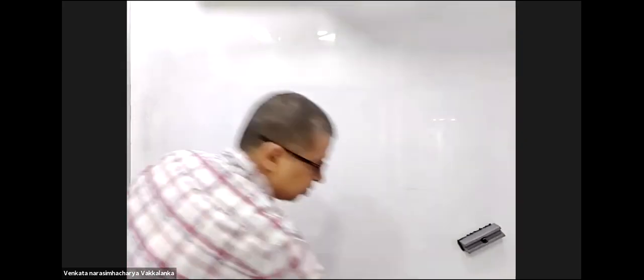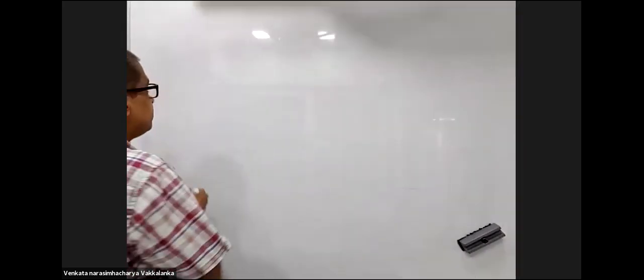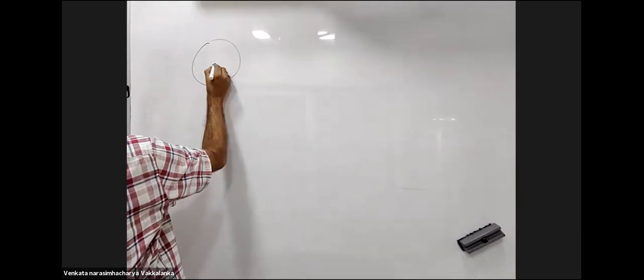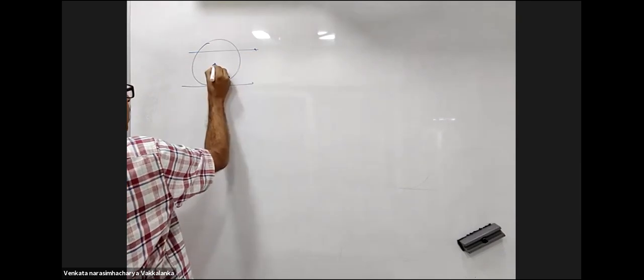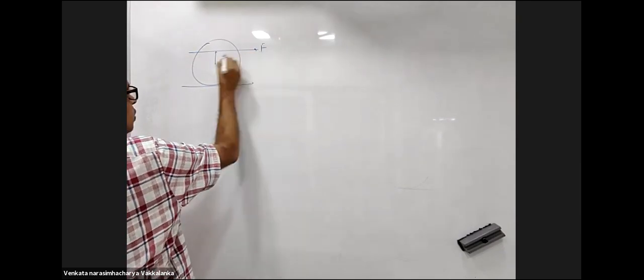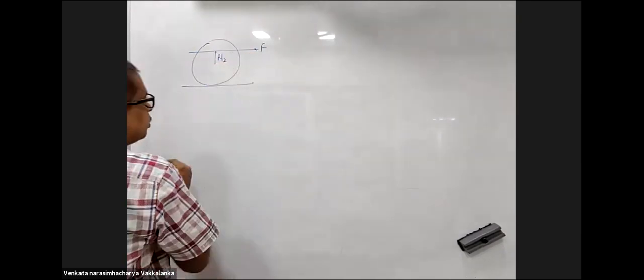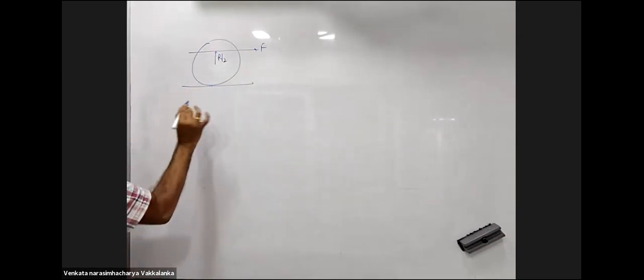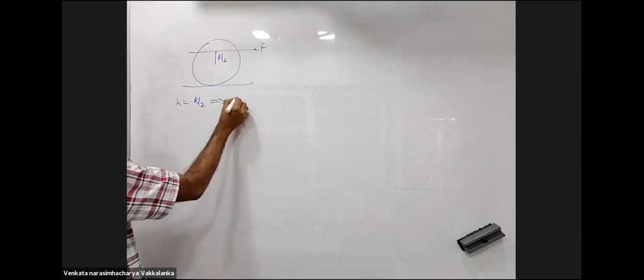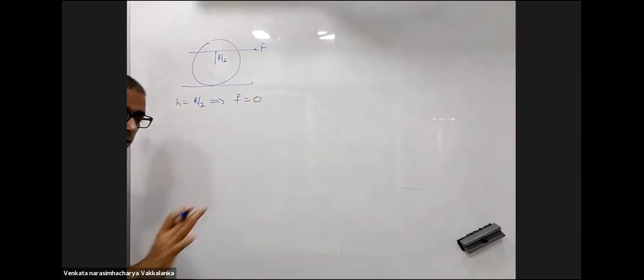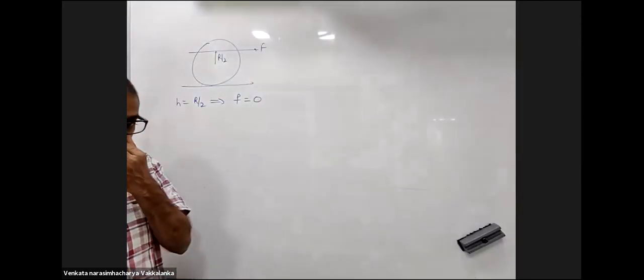Look at this analysis carefully. If h is equal to r by 2, then friction is 0. This is what you proved till now for us. Yes or no?